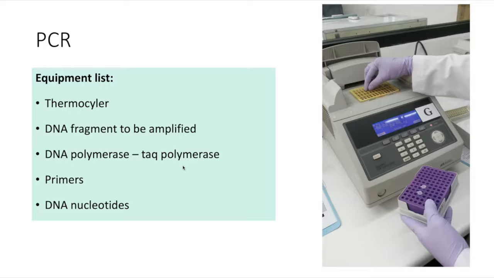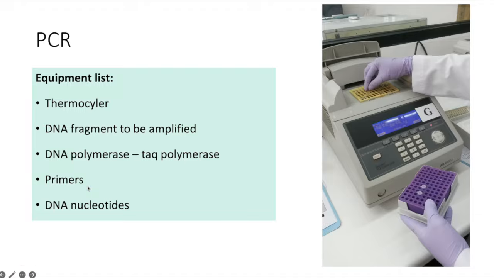So Taq polymerase has a much, much higher optimum temperature, and it doesn't denature at your typical 37 degrees C. It denatures at much higher temperatures, and that enables the temperature in the thermocycler to be increased to speed up the reaction without denaturing the enzymes.